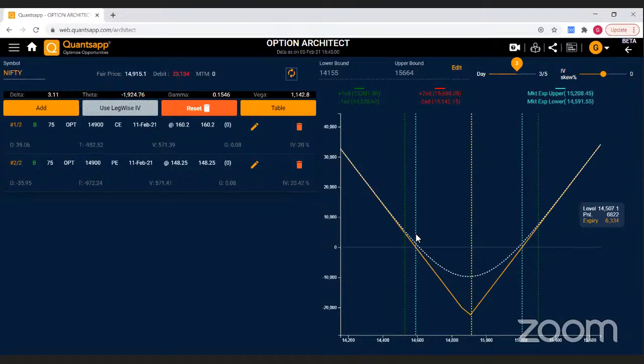Always remember, volatility has a direct relation with your option premium. When we say volatility is spiking up or going up, we can see that option premiums are also increasing, because option premium has a direct relationship with volatility.